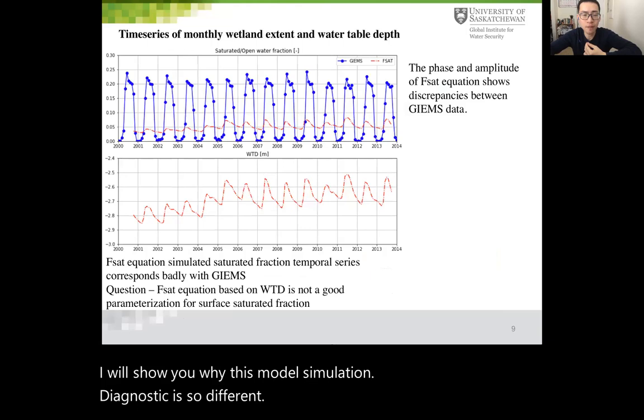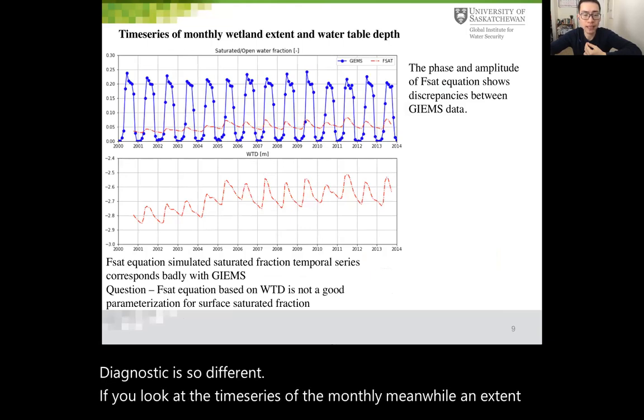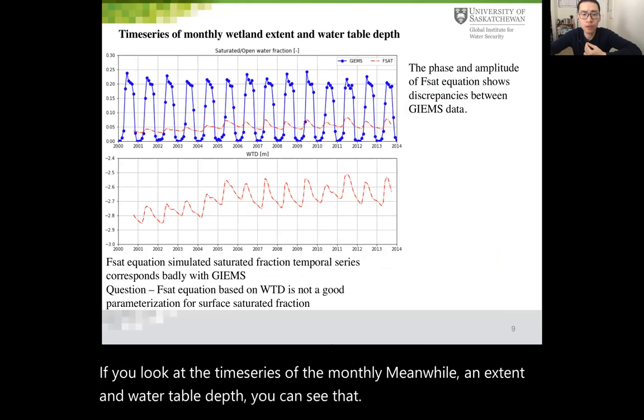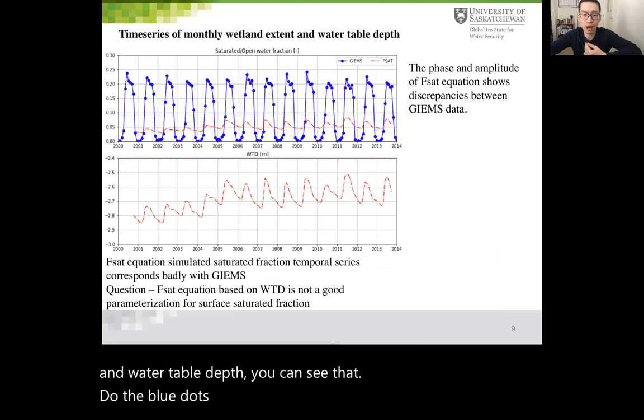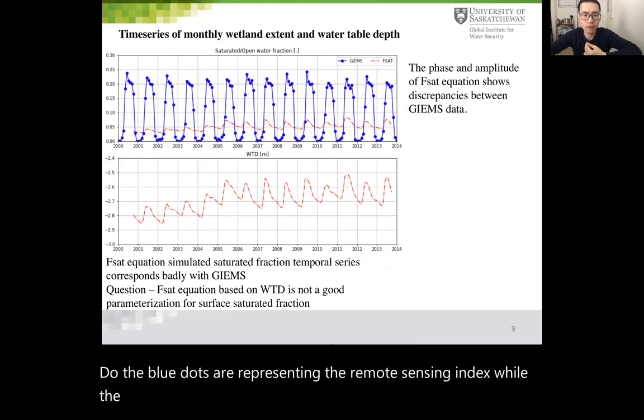If you look at the time series of the monthly mean wetland extent and water table depth, you can see that the blue dots represent the remote sensing index, while the red lines are from the model diagnostic.